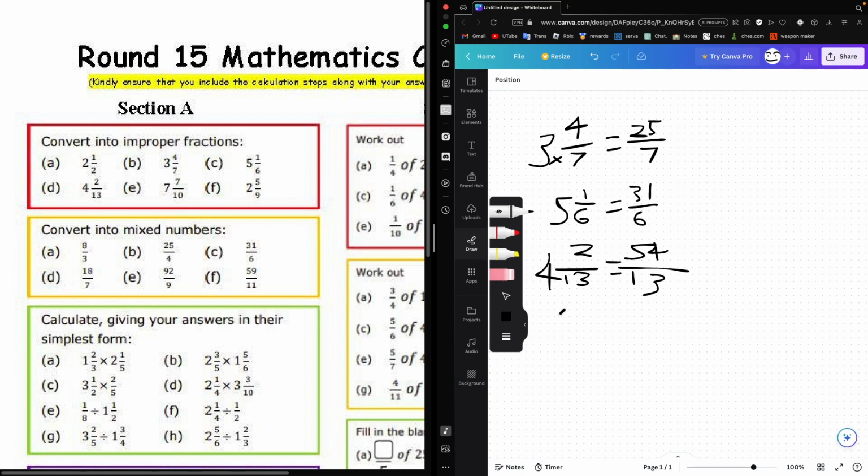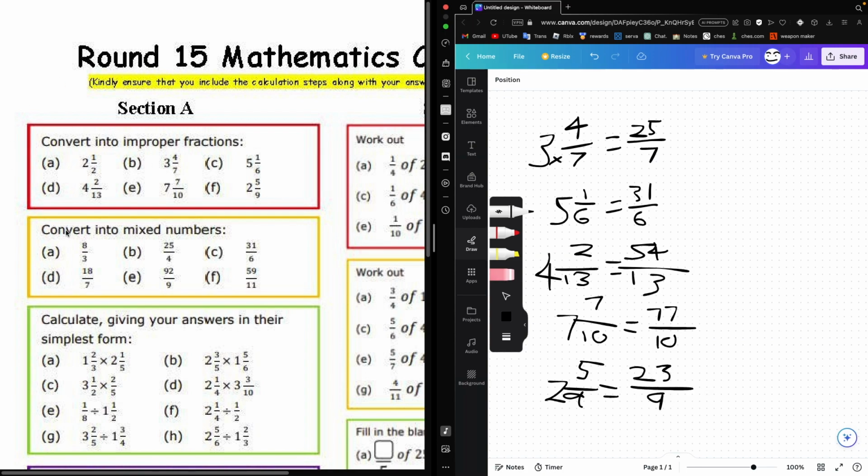E, 7 and 7/10. 7 times 10, 70, plus 7 is 77/10. F, 2 and 5/9. Same thing. 2 times 9, 18. 18 plus 5, 23. So 23/9.